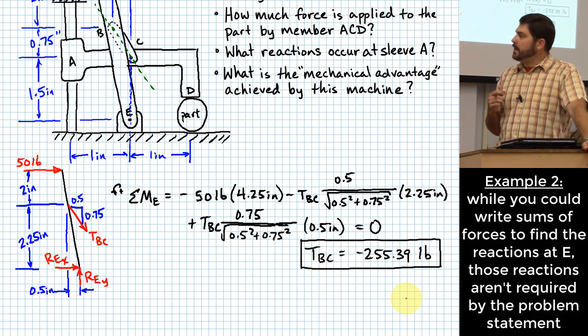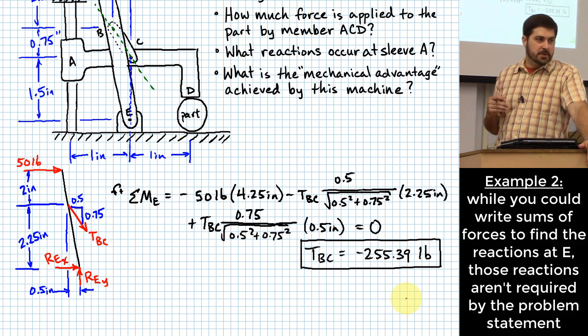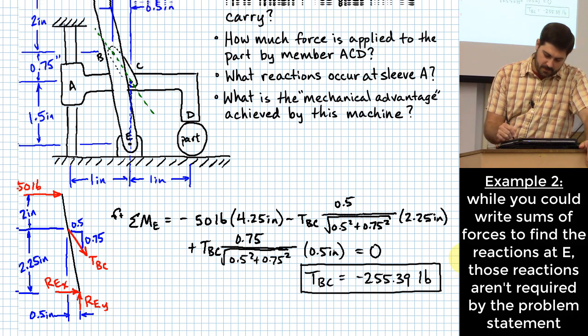Very nice. Do I need to do anything more with this free body diagram? Now, if the question had, for whatever reason, asked you for reactions at E, then the answer would be yes. I would need to do more with this free body diagram. Does the question ask you for that?